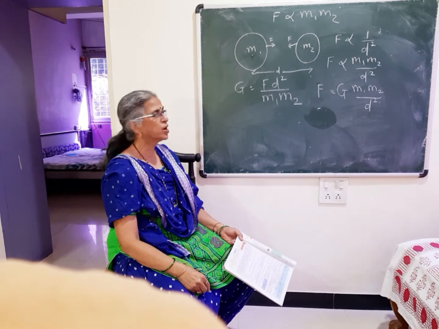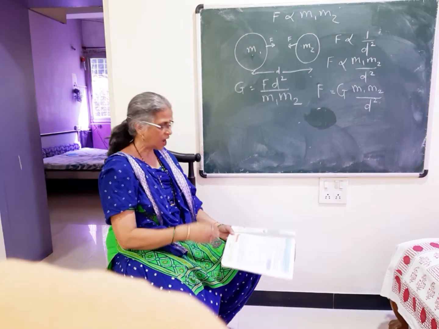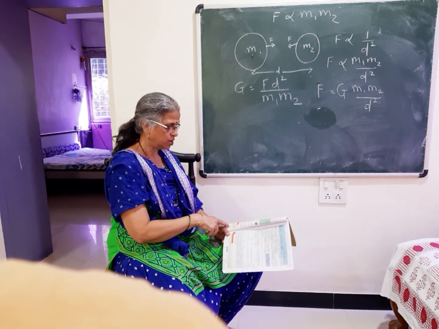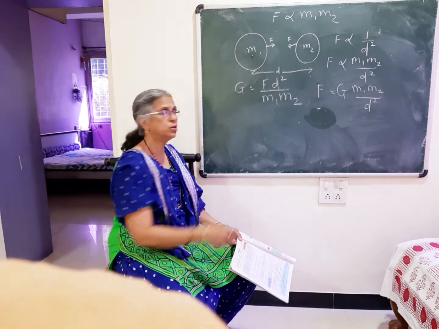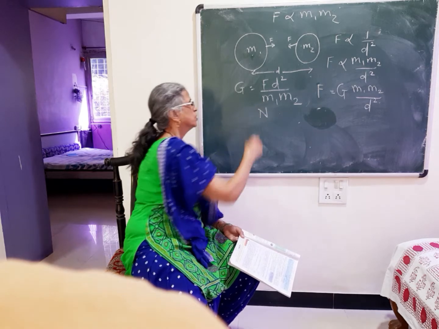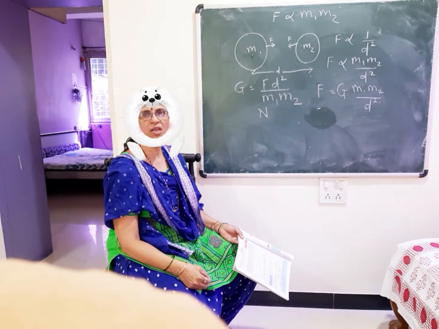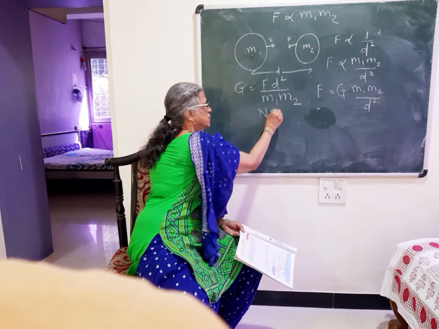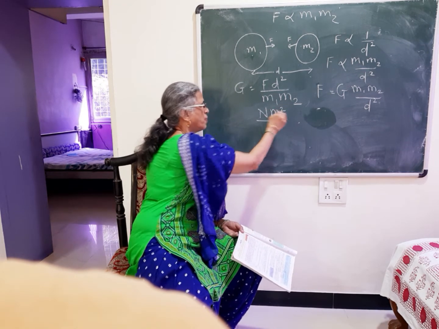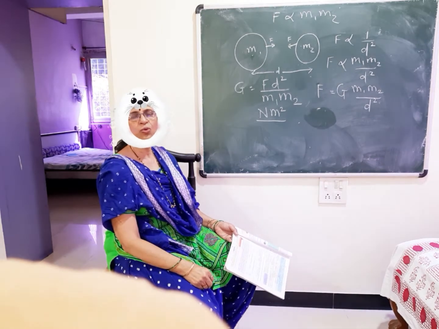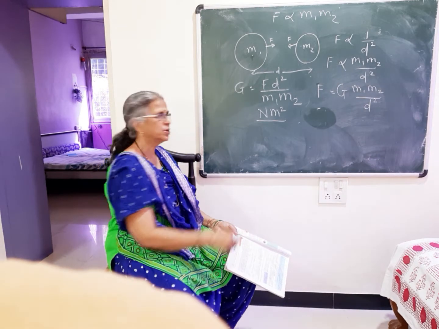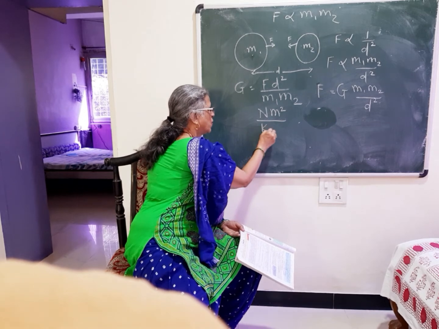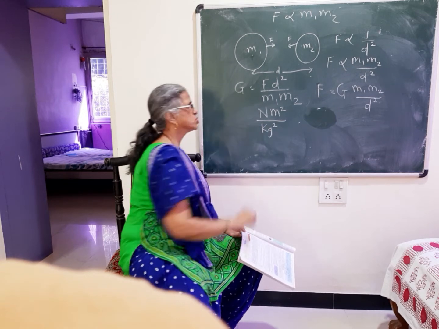Now from this you can find out the unit of G, which they have asked as a use your brain power. The SI unit of force, you know, is Newton. Then distance is measured in SI unit in meters, but here d square will be there, so it will be Newton meter square upon m1 m2. Masses are measured in kilogram, so again kilogram will come twice, so it will become kilogram square.